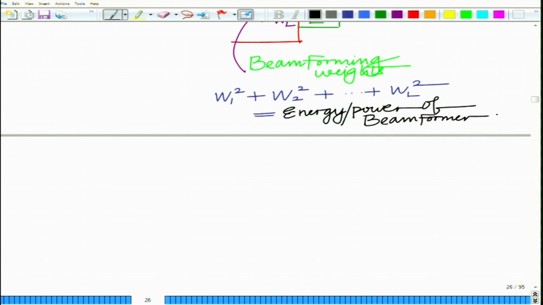Now, in any wireless communication system, this has to be suitably restricted, because this influences the power of the signal at the output of the beamformer. If the energy of the beamformer is unbounded, then the power of the output signal can also be unbounded. Therefore, to ensure a stable beamformer, we restrict this energy typically to unity.